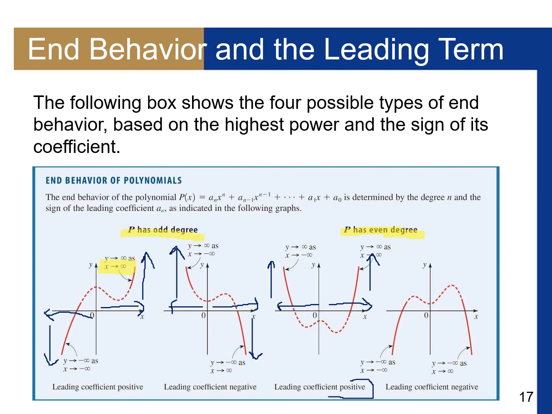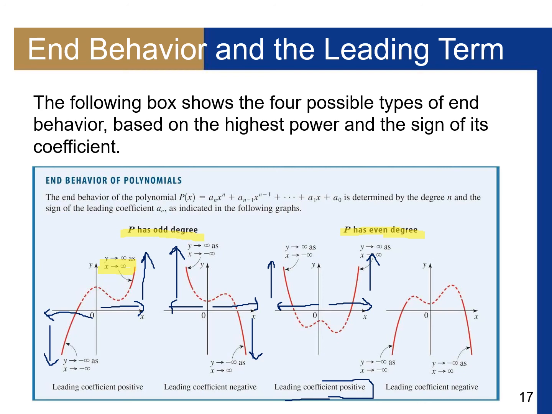We already knew that because we know when we have a parabola that it'll go concave up. Okay. Now, if the leading coefficient is negative, I'm going to be concave down on the most part, right? Except for these two little areas, but right here on the ends, I'm going to be concave down.